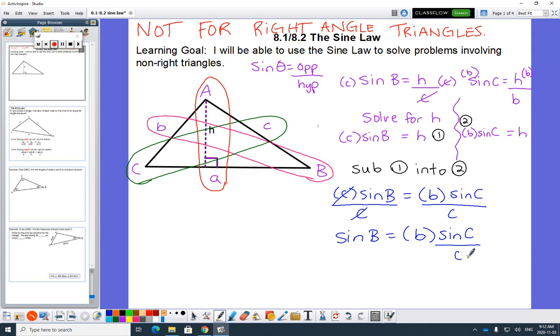I don't want that. I want B to be with B. But this time, this is multiplied, so we have to divide. Again, it's hard in English.